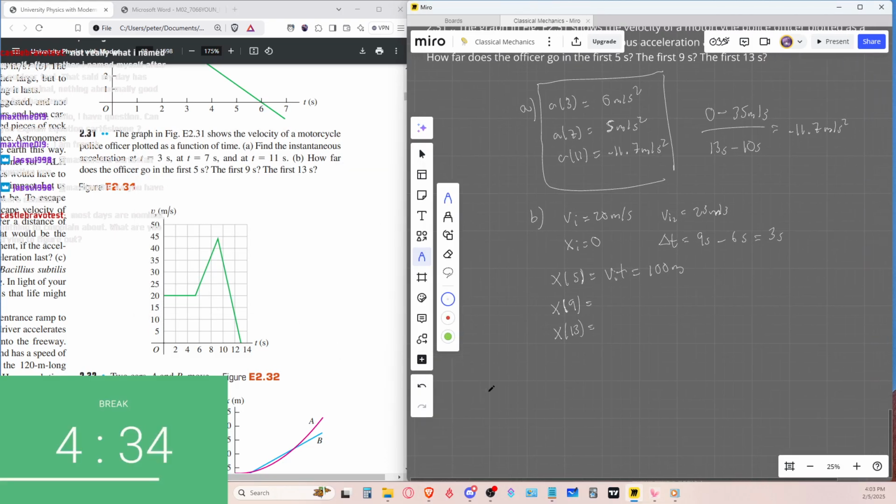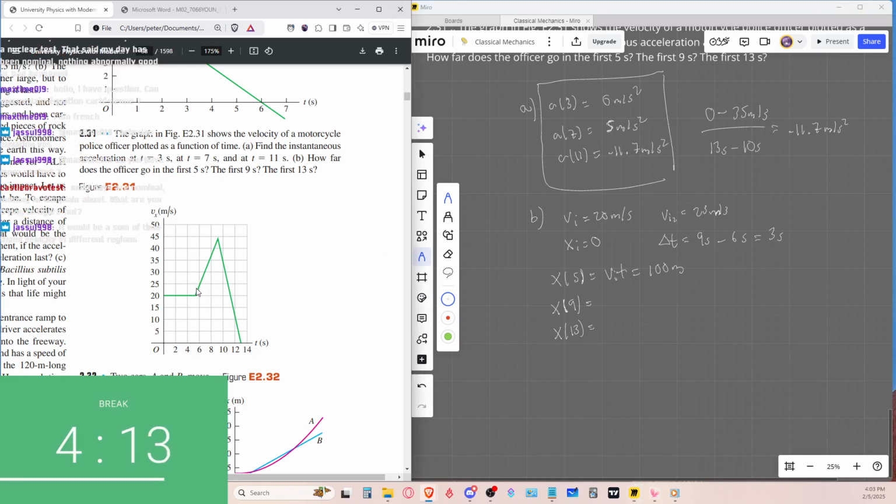So now, yeah, it's just this little corner right here. That's the one thing that's annoying me, because we still need the distance from this corner here. We know it changes around here, but we don't know the exact second it changes.